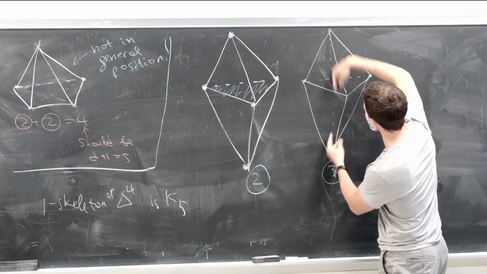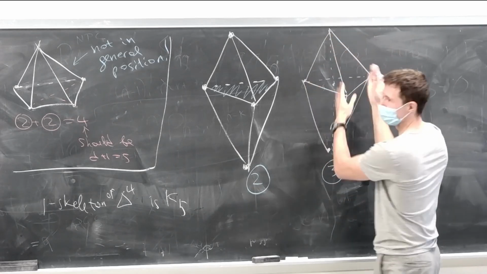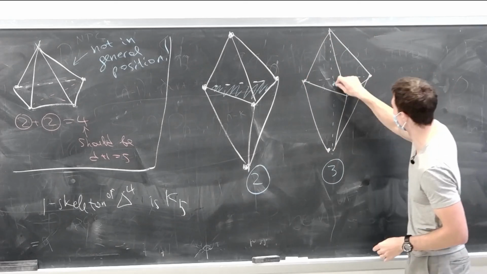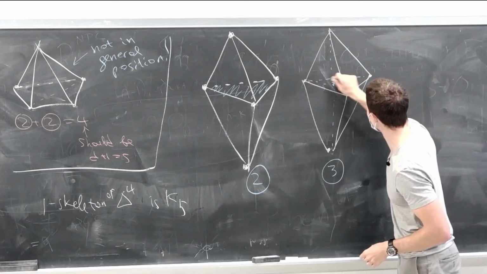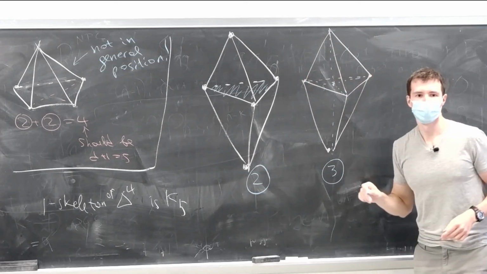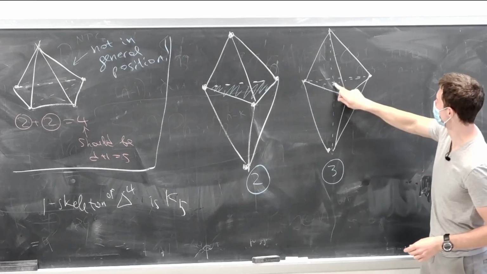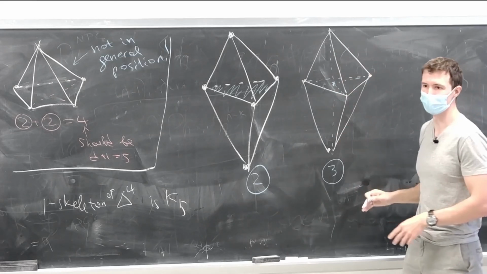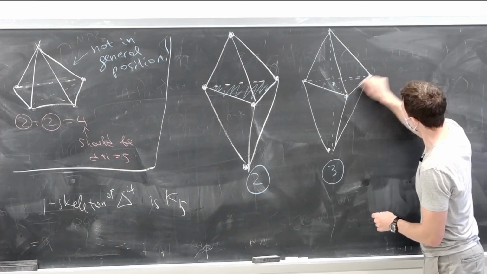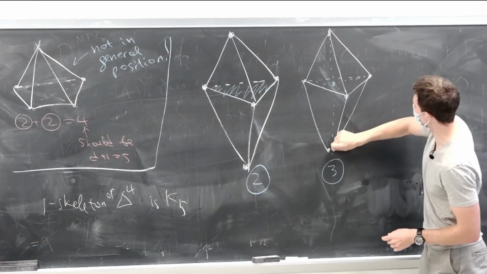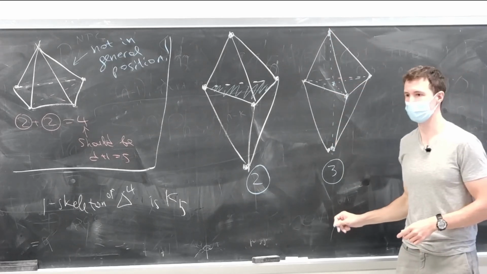I'm going to use this invisible edge here and then split the whole thing into 3 tetrahedra, sort of like this. So this is not a vertex, this is just a representation. Each tetrahedron has 4 vertices like this. This is a straight line.